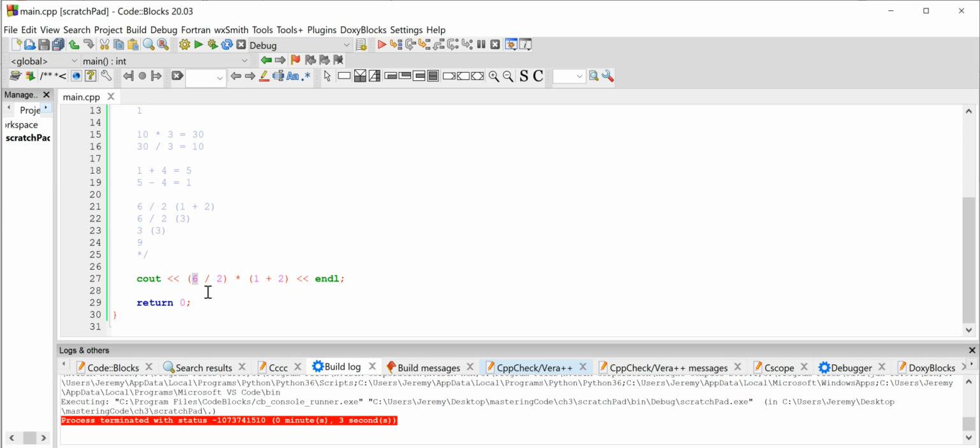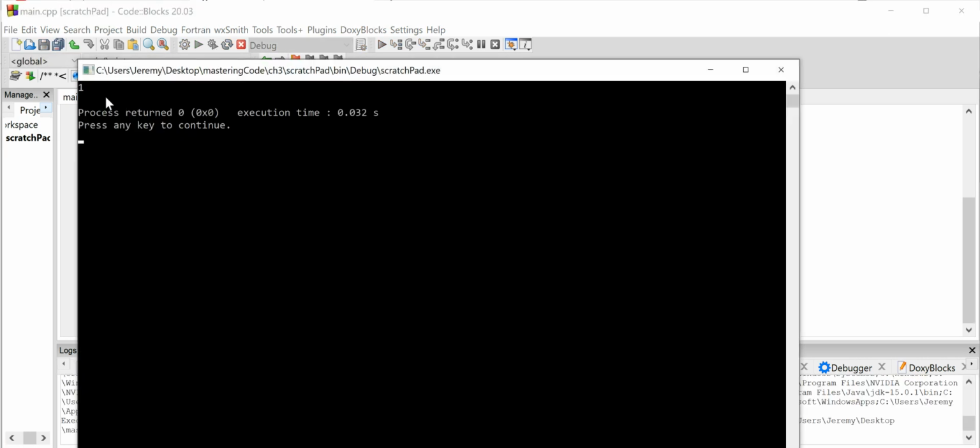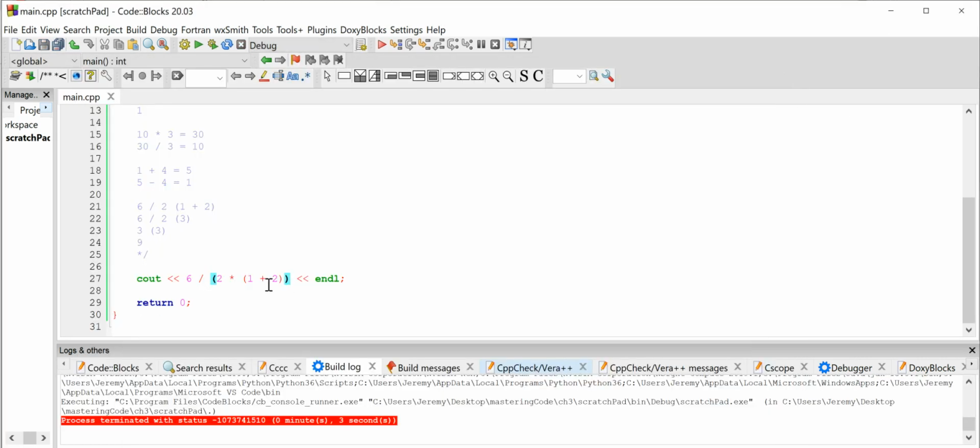And as a matter of fact, if you wanted the 1 out of there, you can parenthetically do that. You can put a set of parentheses around this bit of the expression. And now when you run this, you do get your 1, because when you have a couple of sets of parentheses, you work your inner parentheses first. And so 1 plus 2 is 3. 2 times 3 is 6, and 6 divided by 6 is 1.